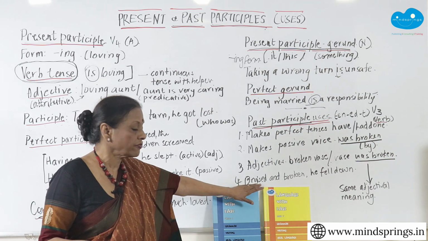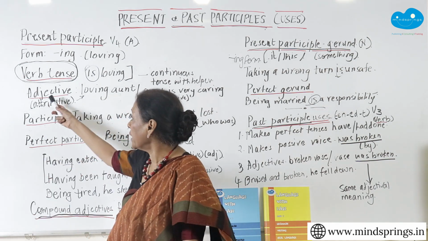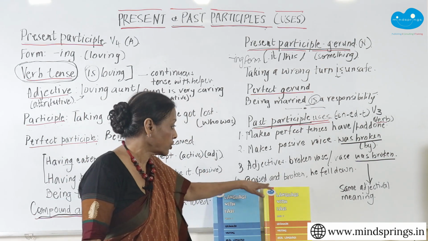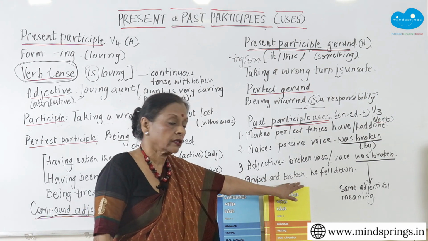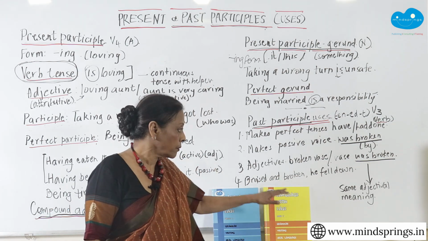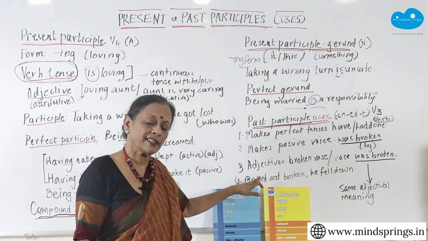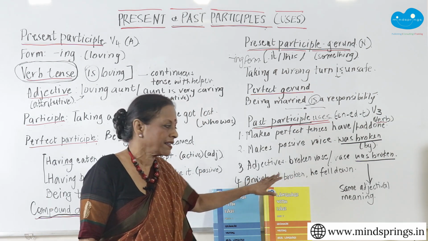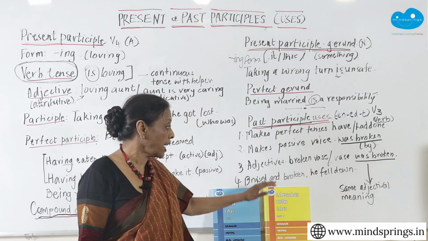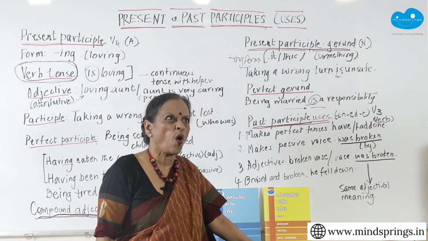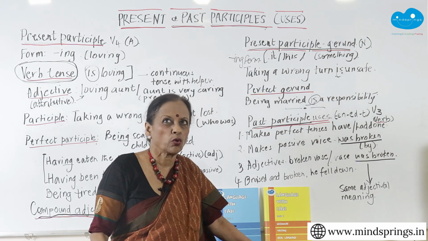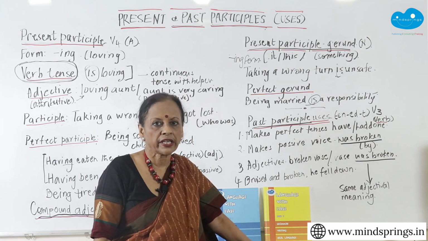And then of course, you have the past participle exactly like we had here, taking the wrong turn. We can have bruised and broken, he fell. Bruised and broken, he who was bruised and broken, see, adjectival, fell. You can't say bruised and broken was, you can't put a verb there, it will be very difficult.